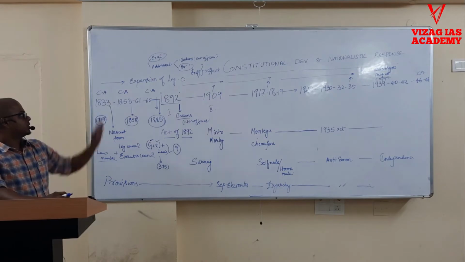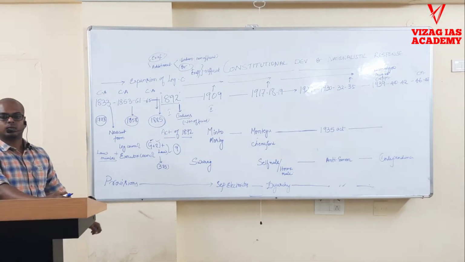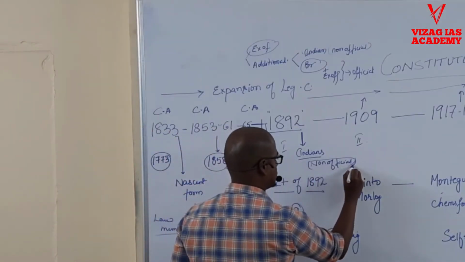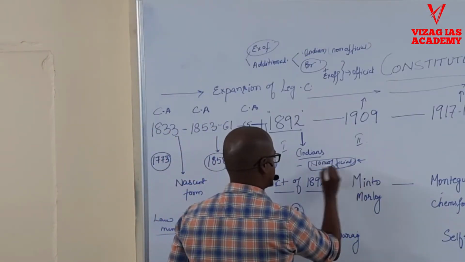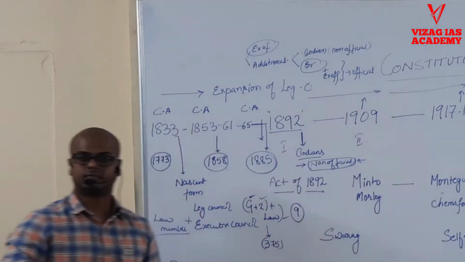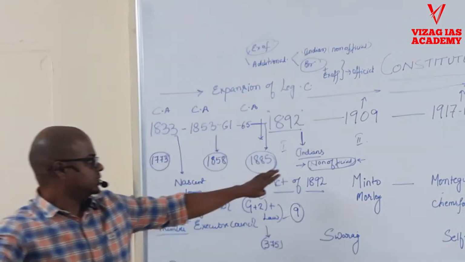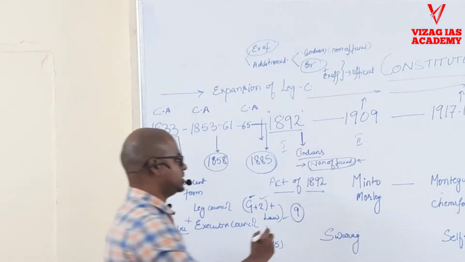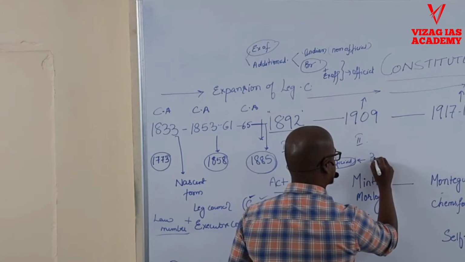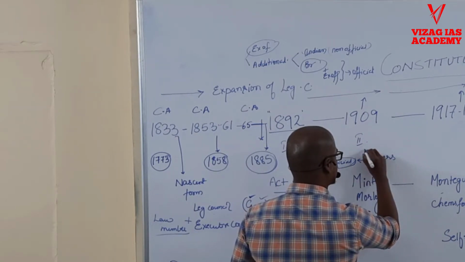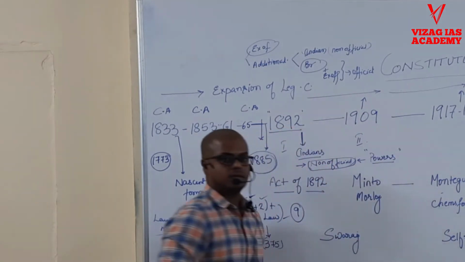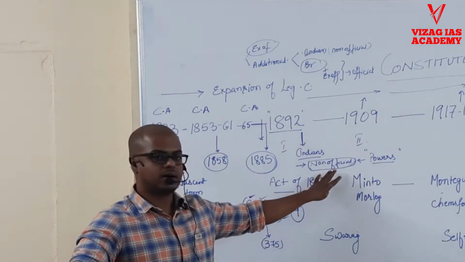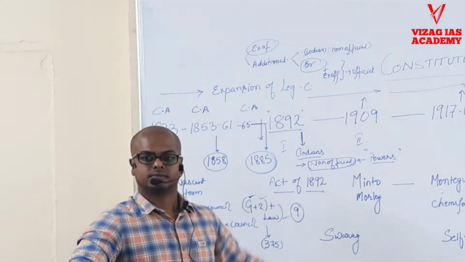So the chief demand of the Indian National Congress or moderates, this nationalistic response, is to increase this one, to increase the percentage of this membership, and also to increase their powers. Powers in the sense, with respect to the legislative council, what is the role and function of this section.